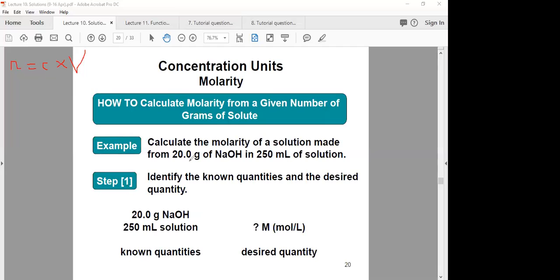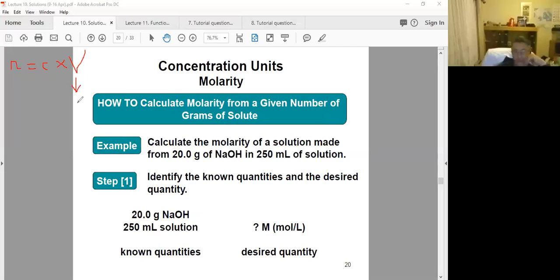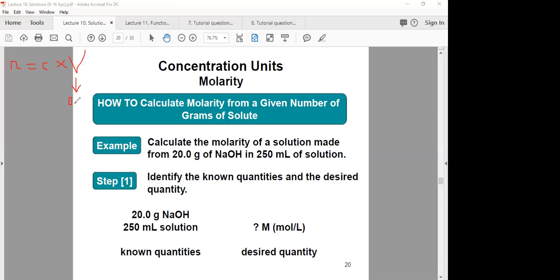Good. All right, so let's see if we can use that formula to solve this problem. We've got our volume, 250 mL, and what do we have to do with that? Convert it to litres, correct. So we can do that now: 0.25 litres.